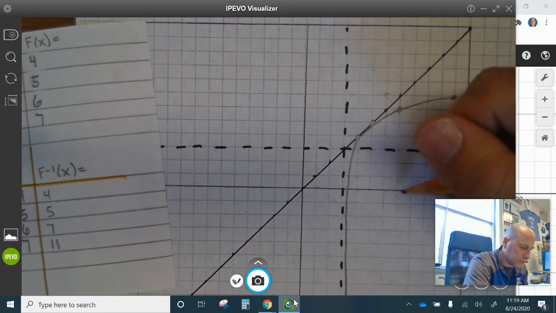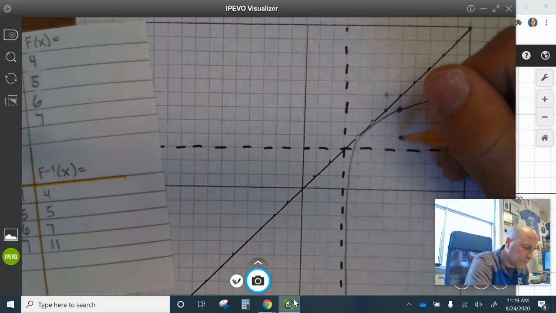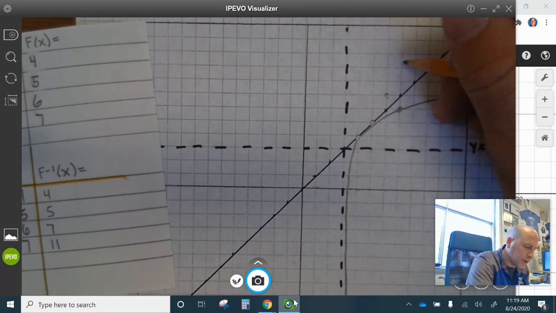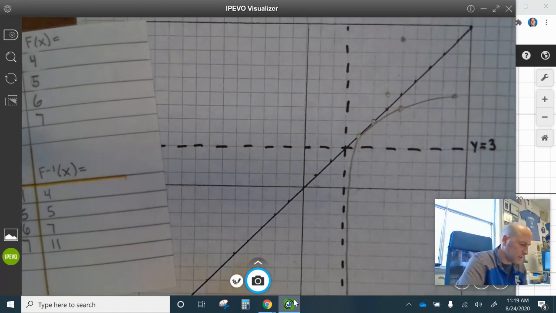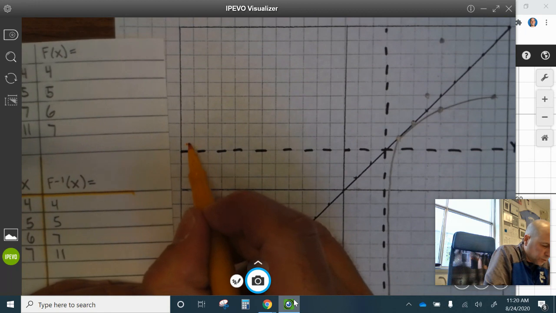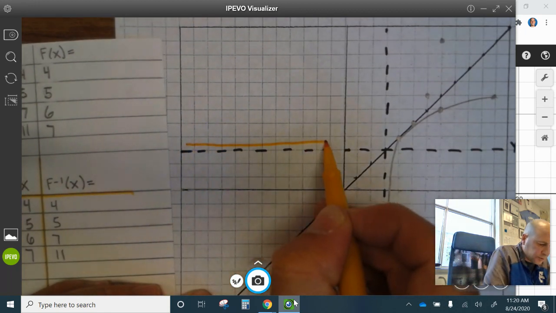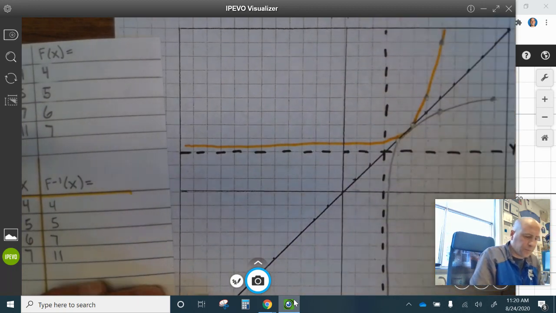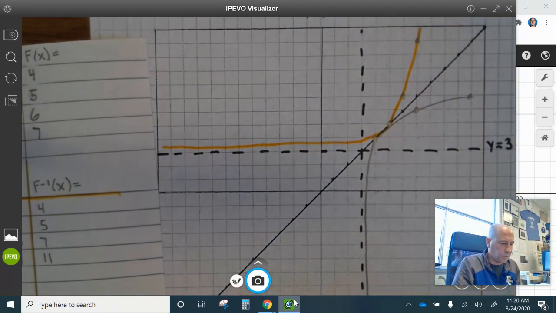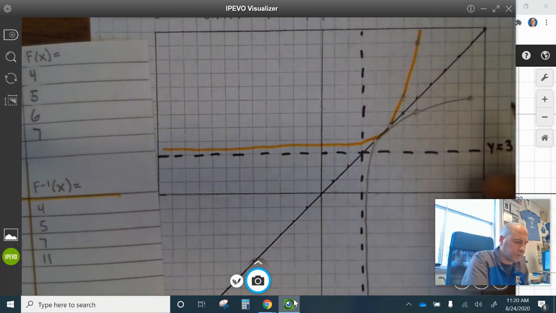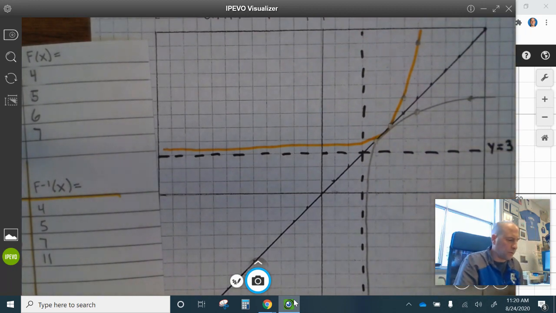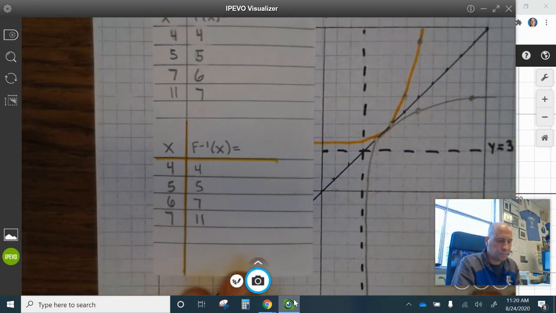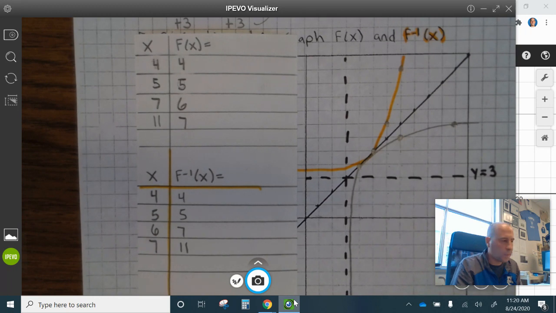And 7, 11. So 7, 1, 2, 3, 4, 5, 6, 7, 8, 9, 10, 11. And remember, we know that it's going to fall along here, the asymptote, never touch, go up through the points like so. And you can see here that it reflects across the f of x equals x line. So the inverses.